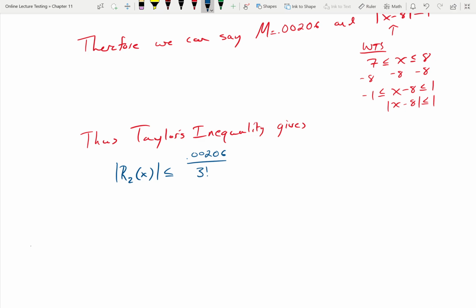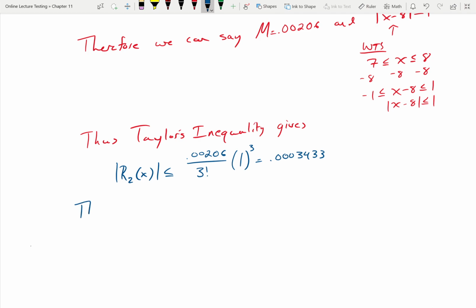So I'm going to maximize this and say that that is the value 1 to the third power, which is equal to 0.0003433. This is how accurate this is going to be.